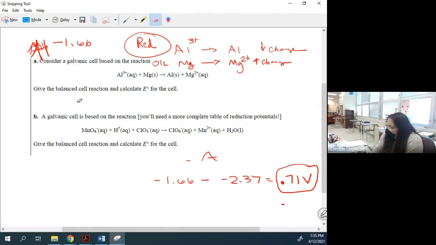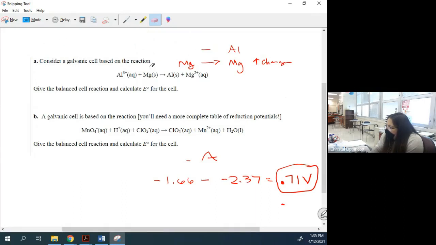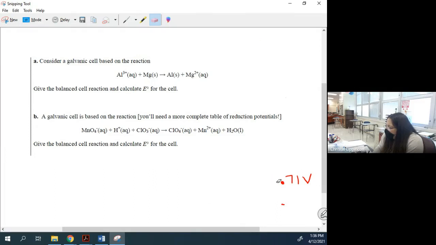All right. So that takes care of that one. That takes care of A. Let's look at B here. All right, this is based on the reaction.